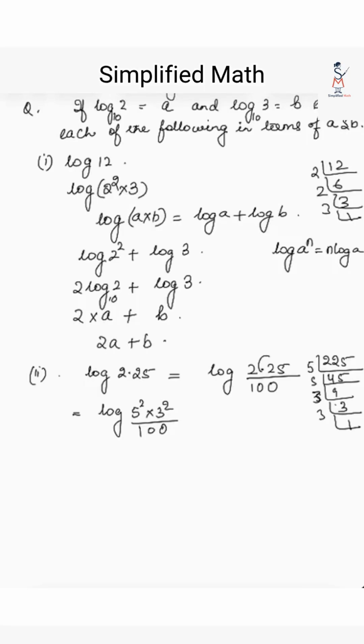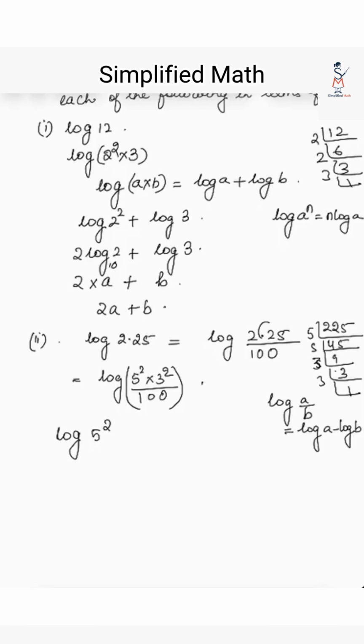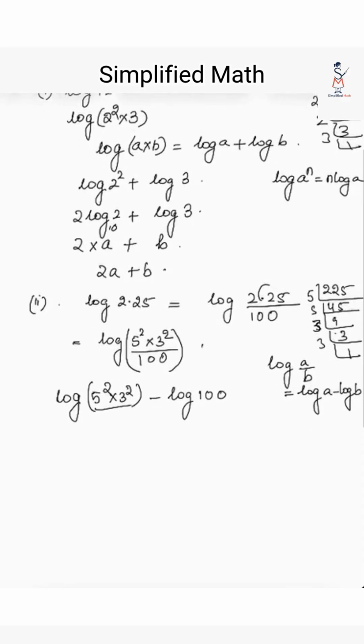Fine. So now, again we will follow the rule. The rule is log a by b is log a minus log b. Fine. So this will become log 5 square into 3 square minus log 100. Fine. Now again we will put the rule of log: log a into b is log a plus log b.